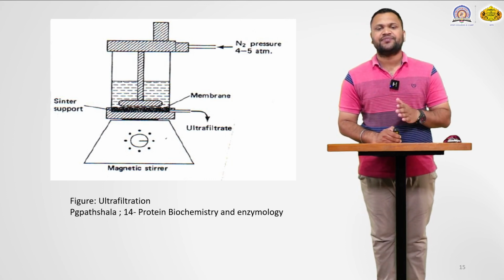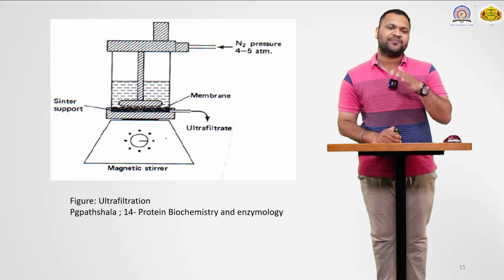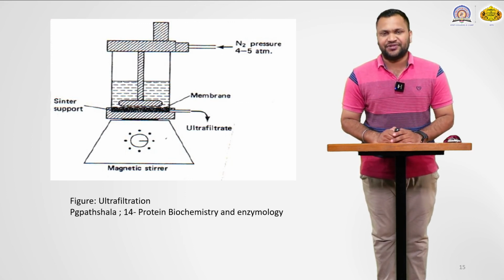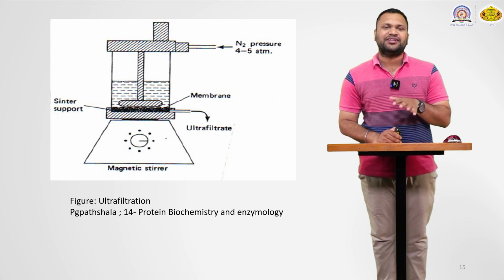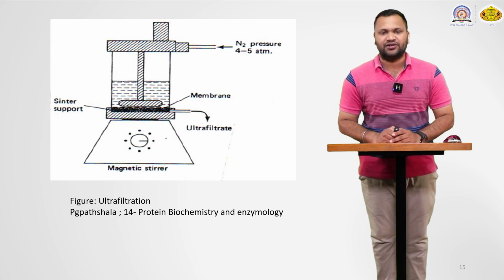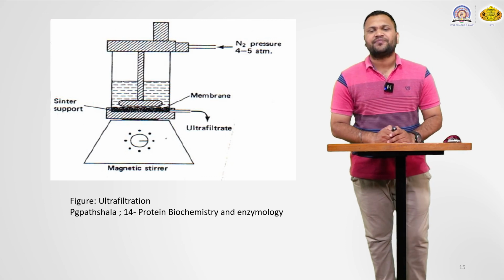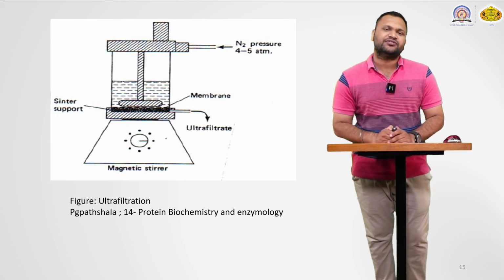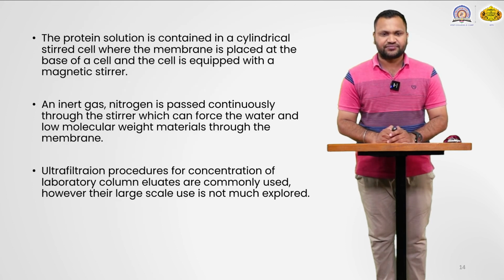All the liquid and small molecules will pass through the membrane, and only the desired protein, our fermentation product, will be trapped, just retained on the filter or membrane. Here we use pressure, and this is the principle behind ultrafiltration.